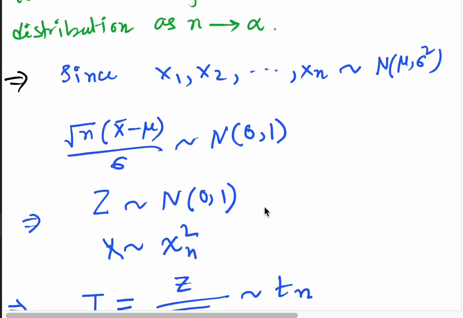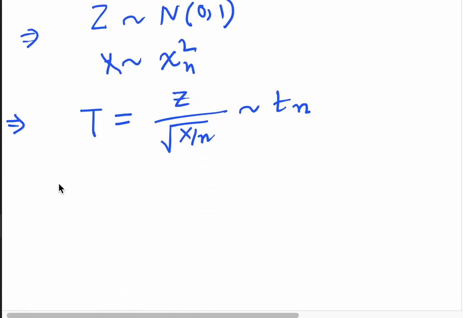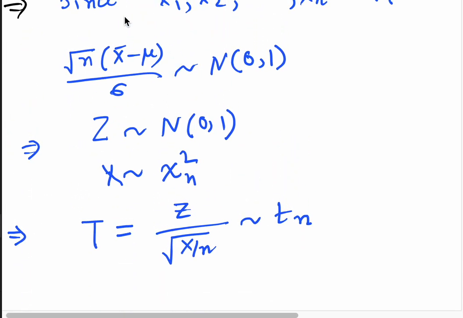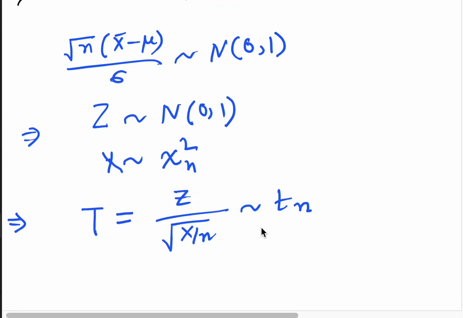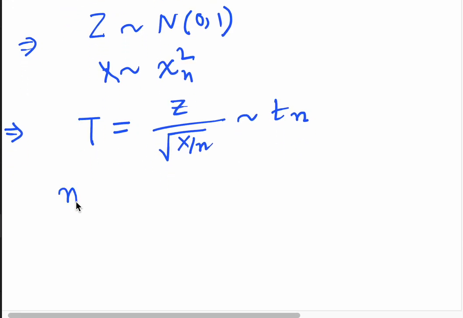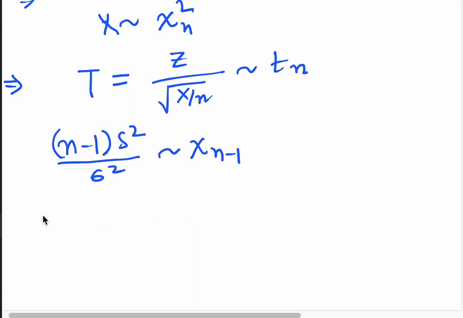Now here you see this is a normal distribution and this n minus 1 s square by sigma square is a chi-square n minus 1 distribution.